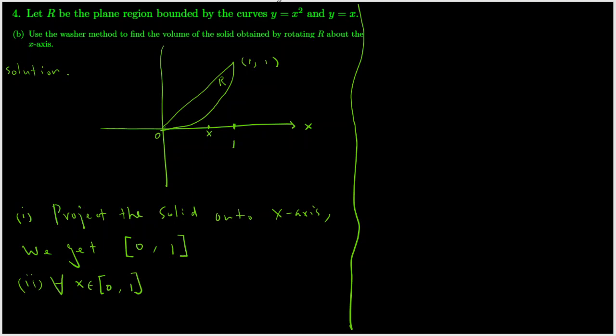I will try to tell you how to think. For each x, the cross-section, the meaning is you use the plane passing through this point, and perpendicular to x-axis to cut the solid.